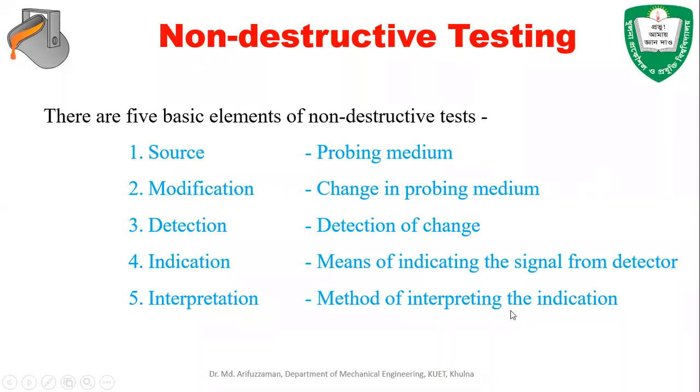That is called the interpretation of the indication. When there is an indication, you need to interpret it so that it bears a meaningful meaning. So, do you have any questions so far?